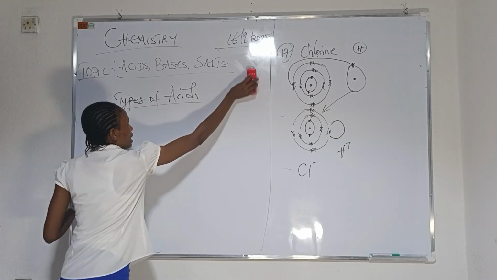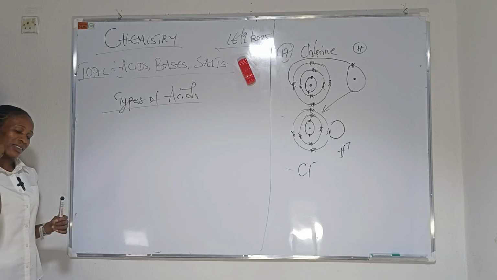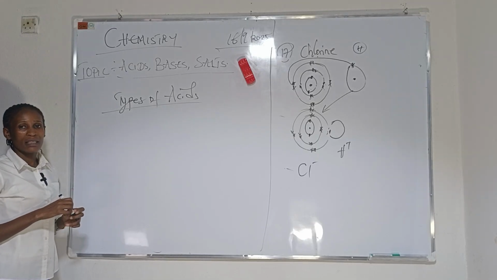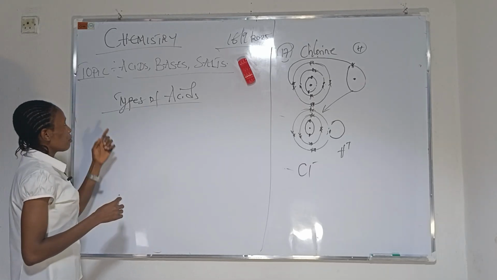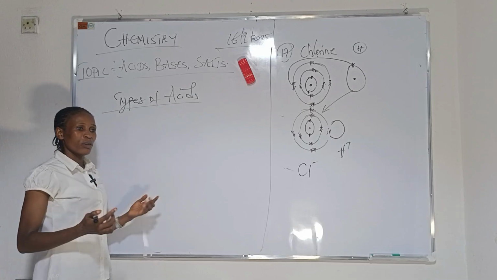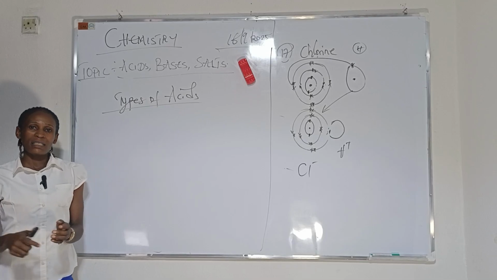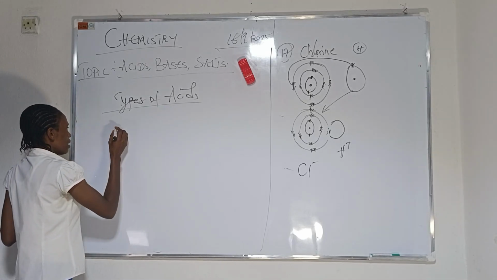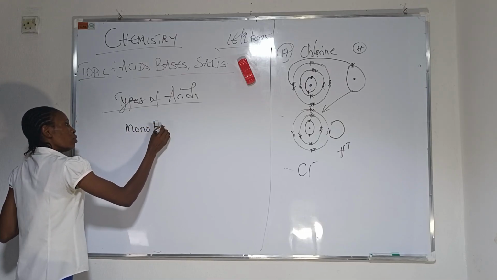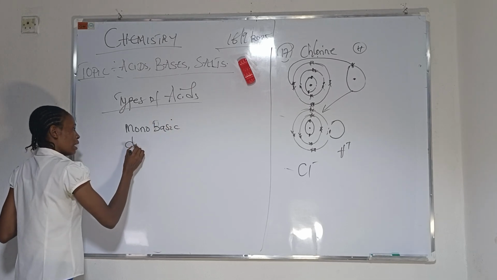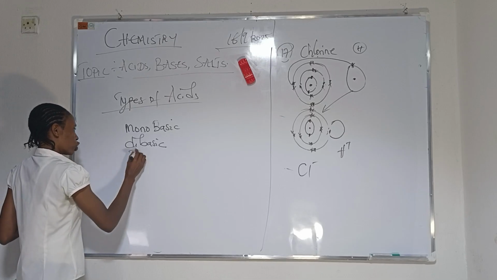The next place I am entering now is the basicity of an acid. When you are looking at basicity of an acid, remember we talk about the definition, types, examples, and how to name them. We have 3 main types: monobasic, dibasic, and tribasic.